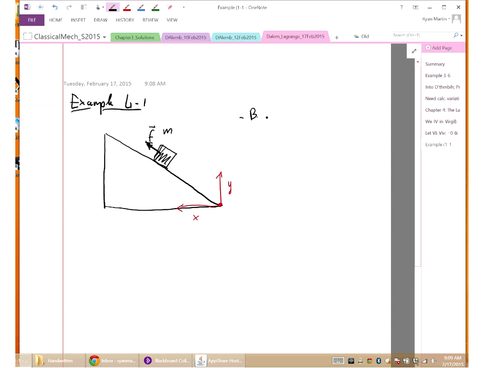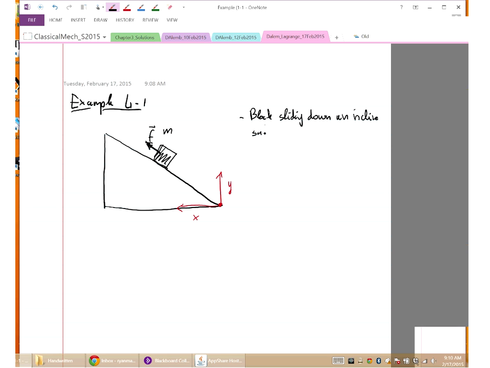Okay, so this is a block sliding down an incline subject to friction F. And I'm just going to leave F as the friction.